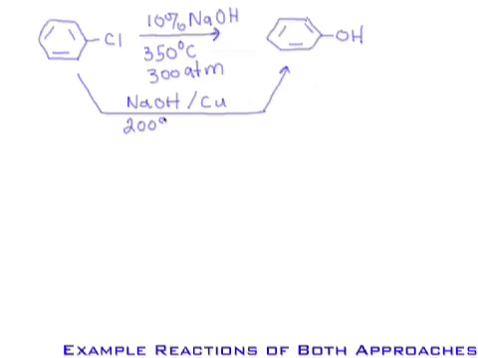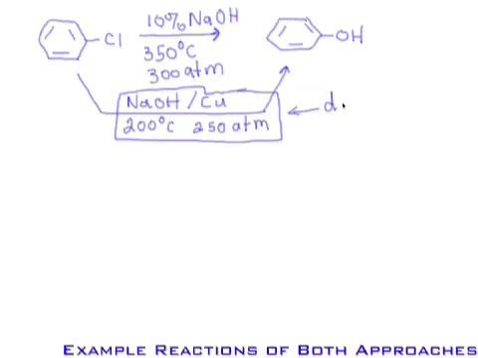We can bring it down to 200 degrees C and 250 atmospheres pressure. So a catalytic process by an alternative mechanism, and let's just indicate that this does not go by the same mechanism. It's catalytic. The copper causes it to follow a different pathway. You can produce phenol.